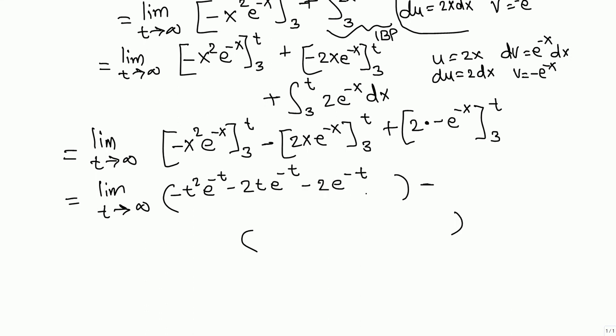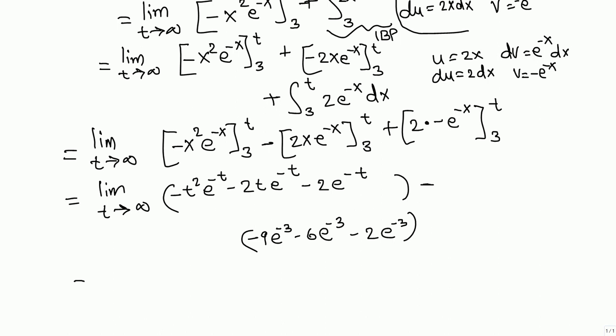Now the lower limit, replace x by 3: negative 3 squared, that's negative 9, times e to the negative 3, minus 2 times 3, 6 e to the negative 3, minus 2 e to the negative 3. That's the lower limit part, replacing x by 3.